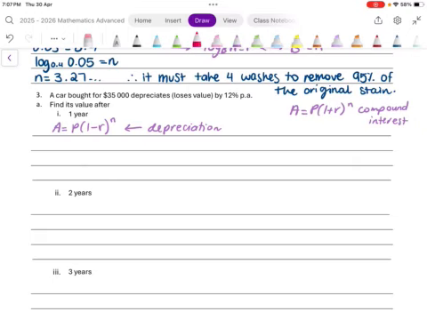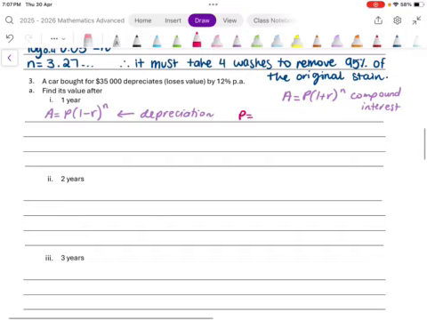So what we have here is, when we're using this formula, our P is equal to our amount of money. So our amount of money is our $35,000, so write that down. Our R is our rate, which is 12% per annum, which is 0.12. And in this case, our N is equal to 1. We substitute all 3 of these values into our formula.